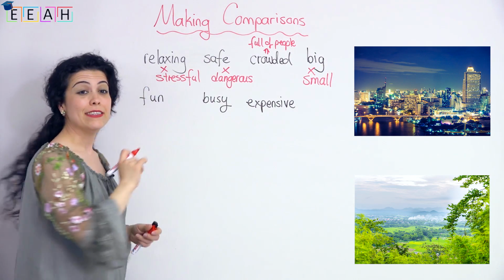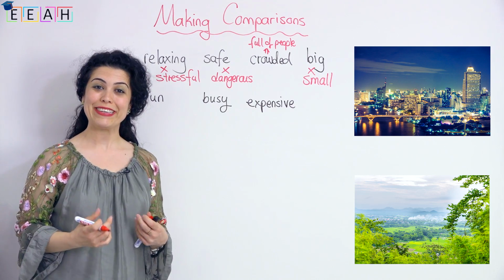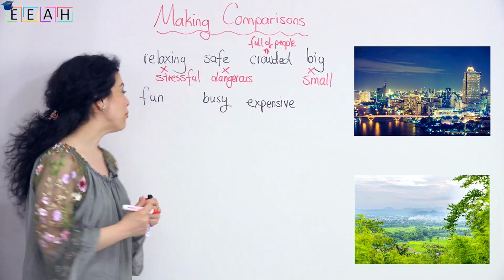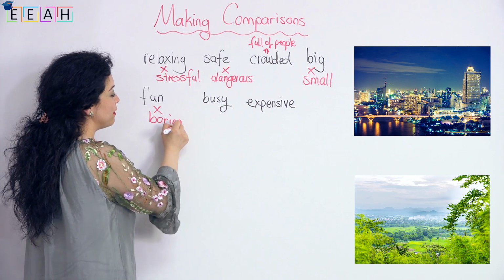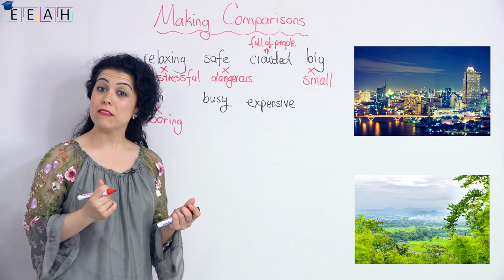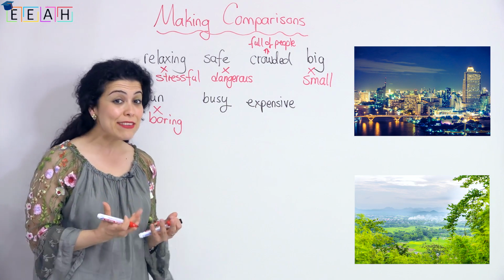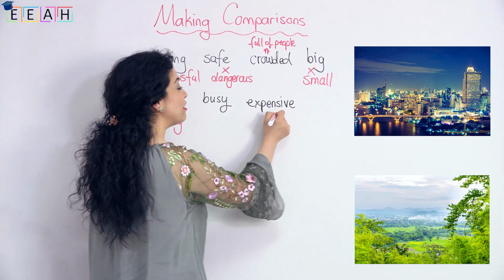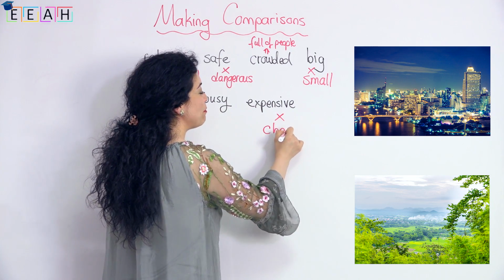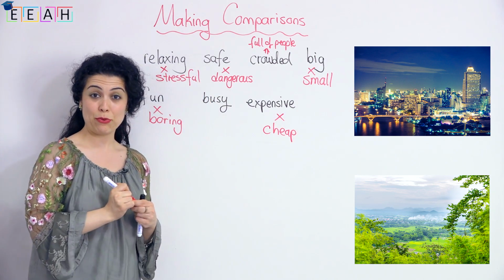Okay, fun means enjoyable. Yes, you like what you're doing, enjoyable. So the opposite would be boring. Okay, busy means life is fast. There are many things to do. Yes, busy. Expensive. What? Not cheap. So the opposite is cheap.